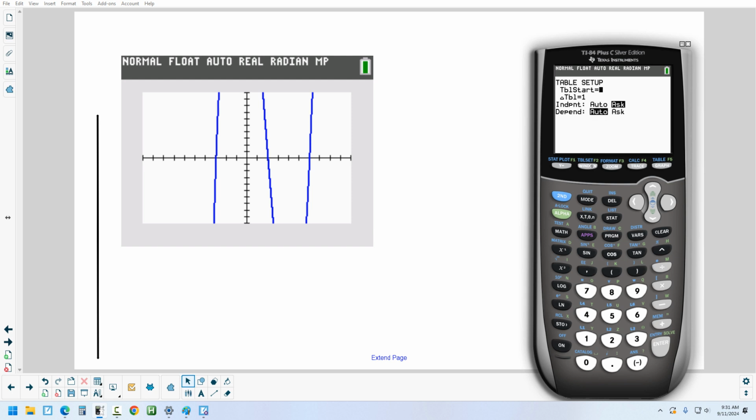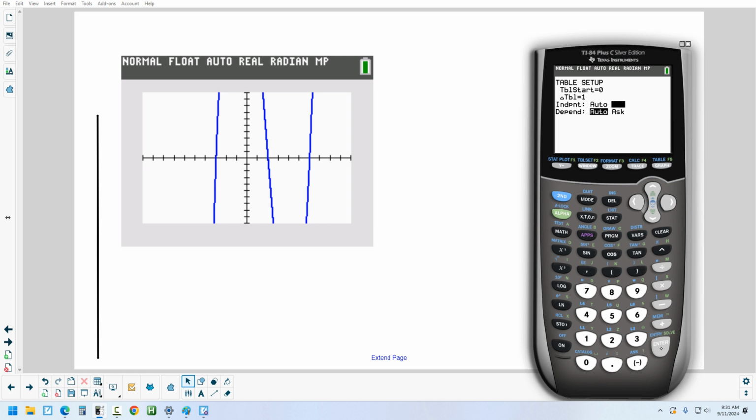And I want you to set it up so your two variables, your x and your y, independent and dependent, are exactly like that. If they're both on auto, then just highlight ask and hit enter. So that was under second and then window.